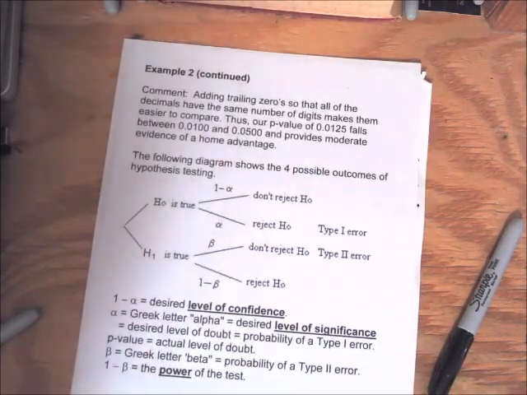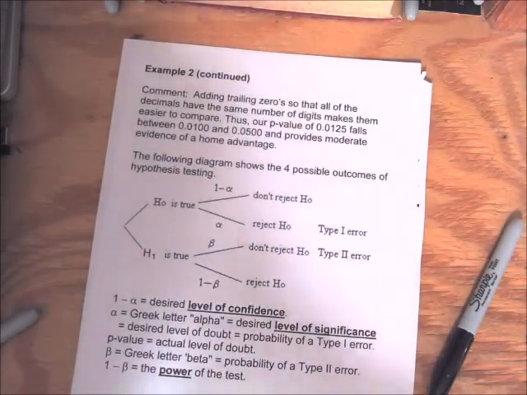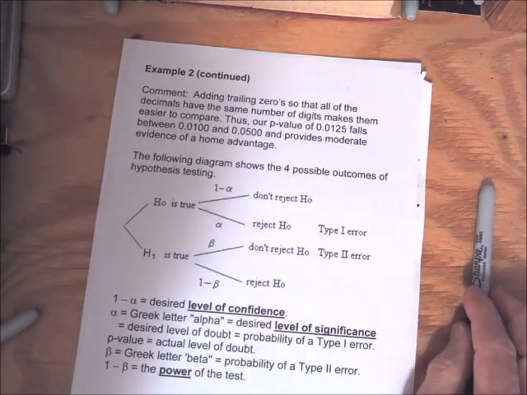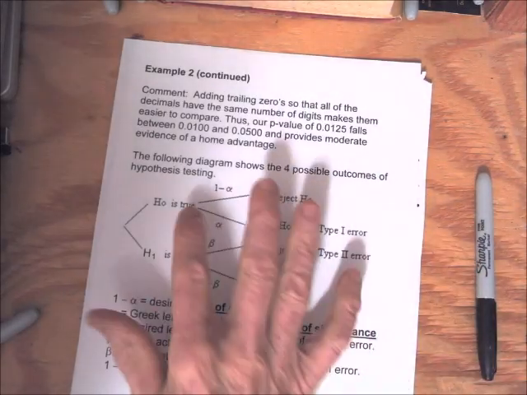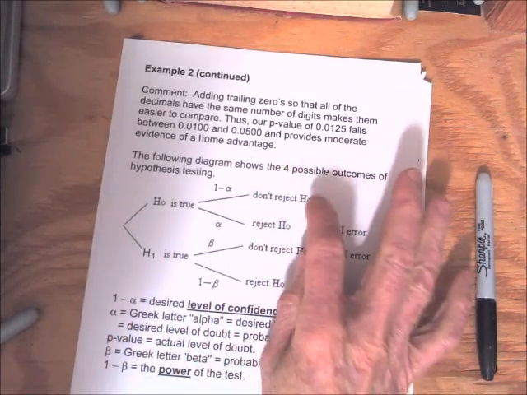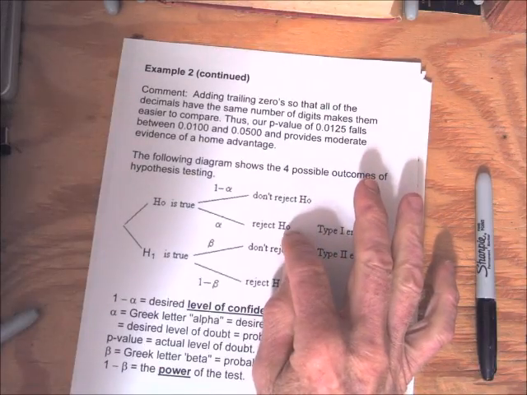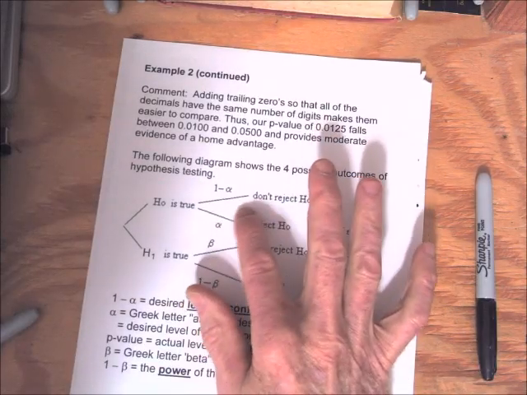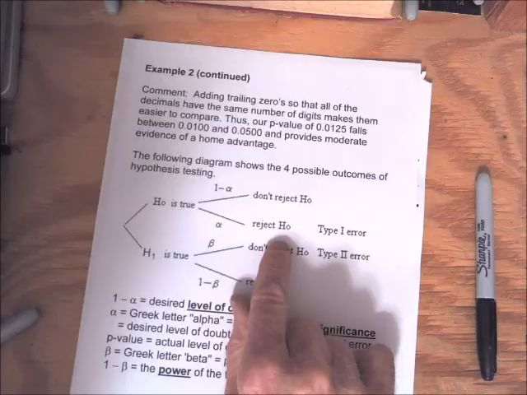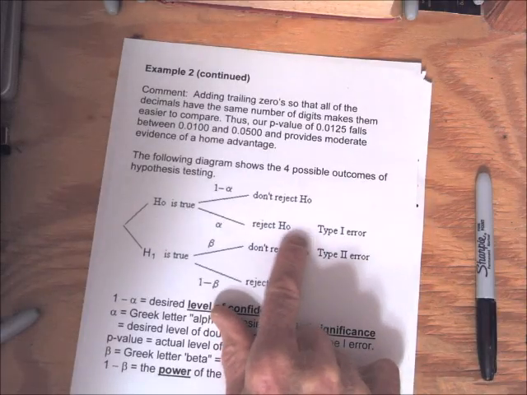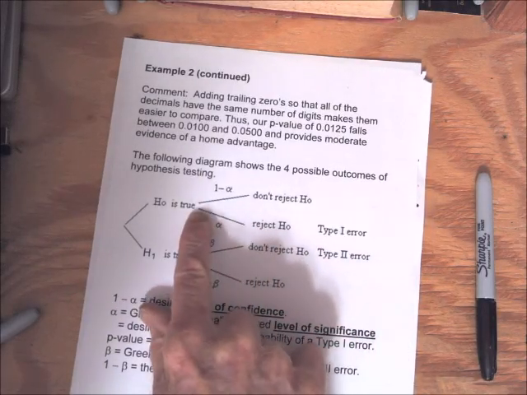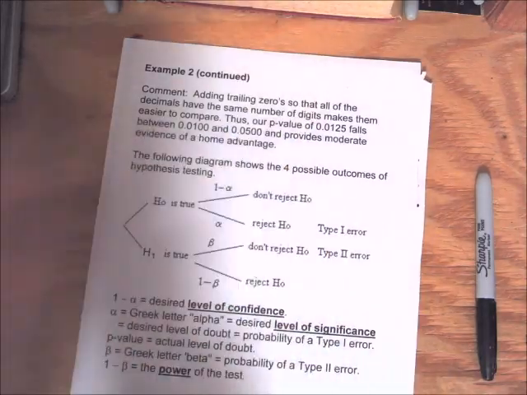Okay, so this chart here has some of the terminology of hypothesis testing. Either H0 is true or H1 is true. Either we don't reject H0 or we reject H0. Two of these are errors. If we reject H0 and H0 is true, that's called a type 1 error.